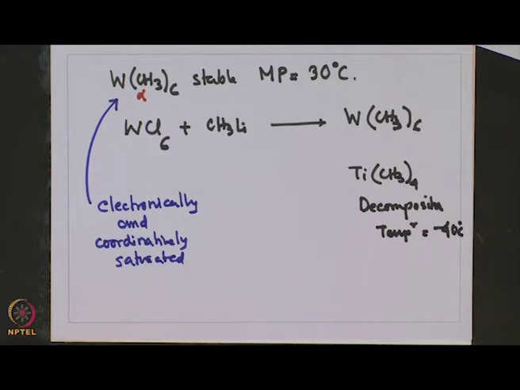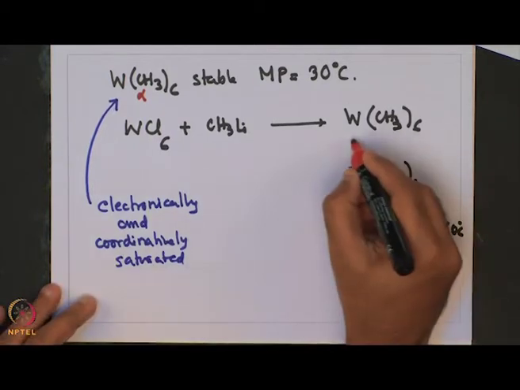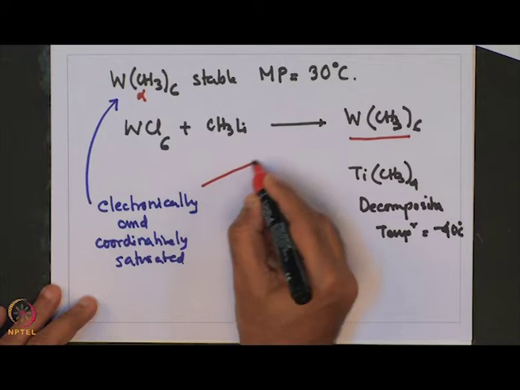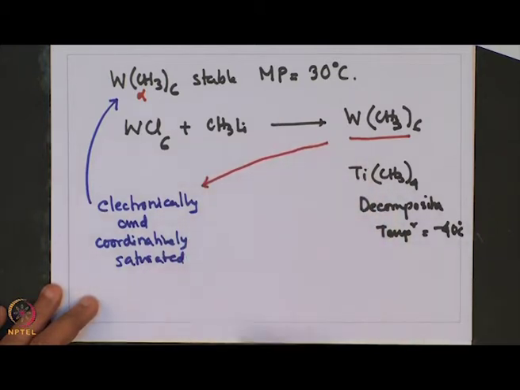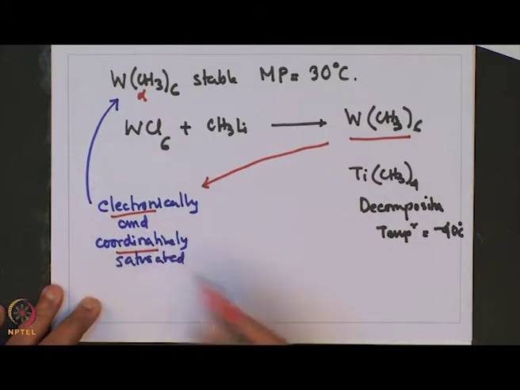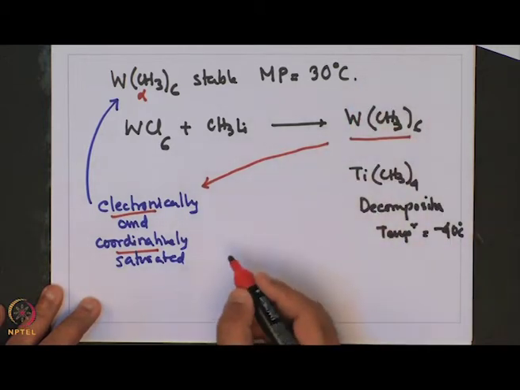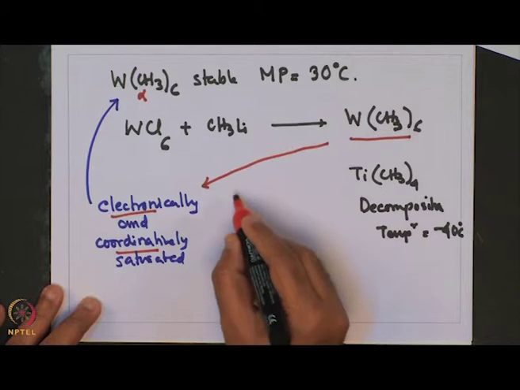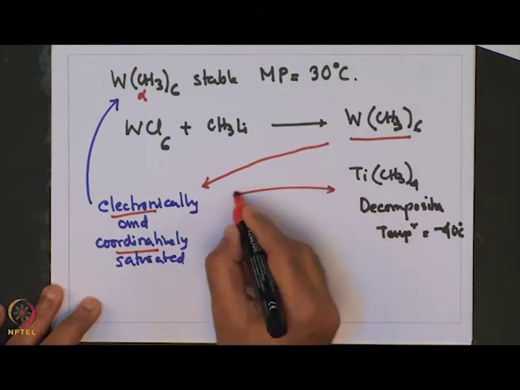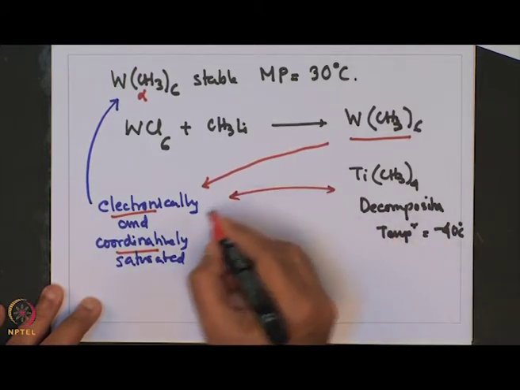Tungsten hexamethyl, being both electronically and coordinatively saturated, becomes significantly more stable than the corresponding titanium tetramethyl.